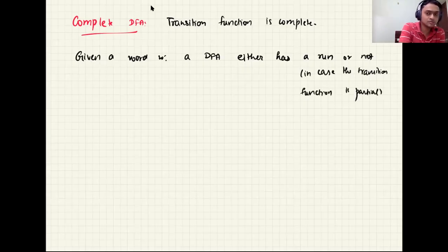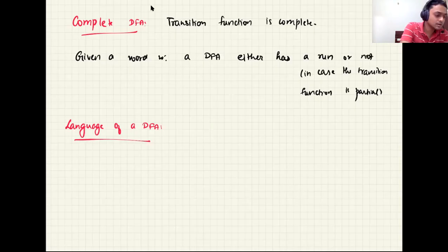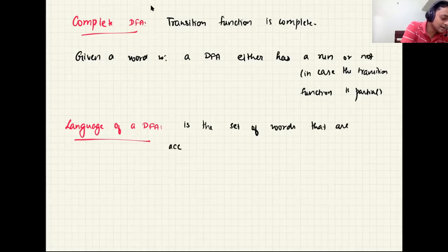I will stop this formal jargon in a couple of minutes, so bear with me. The last thing is the language of a DFA, which is the final thing that we want. That is the set of words that are accepted by the DFA.